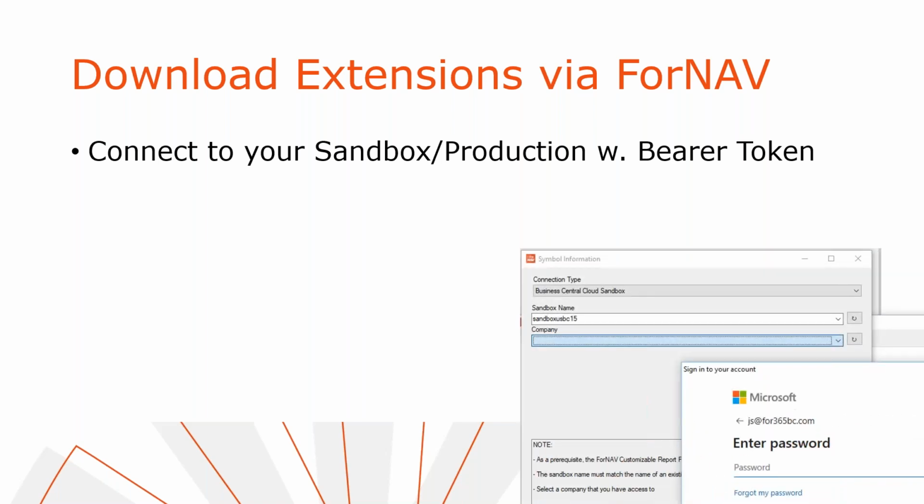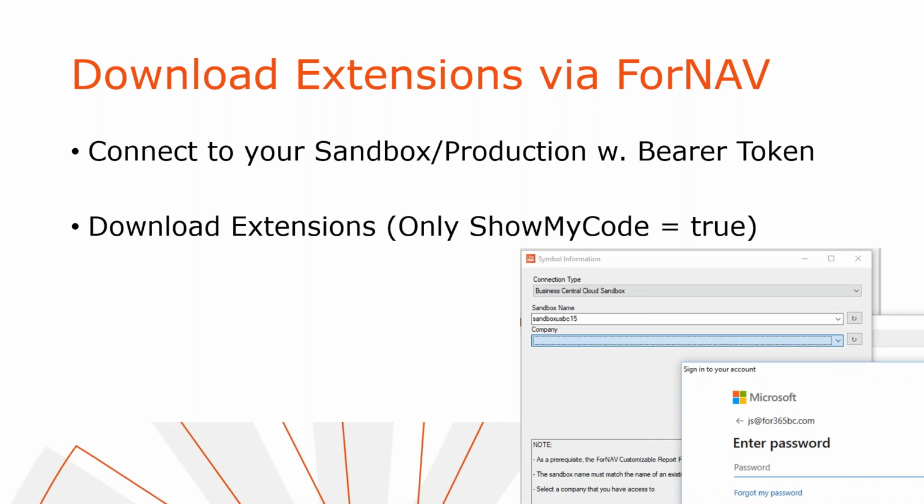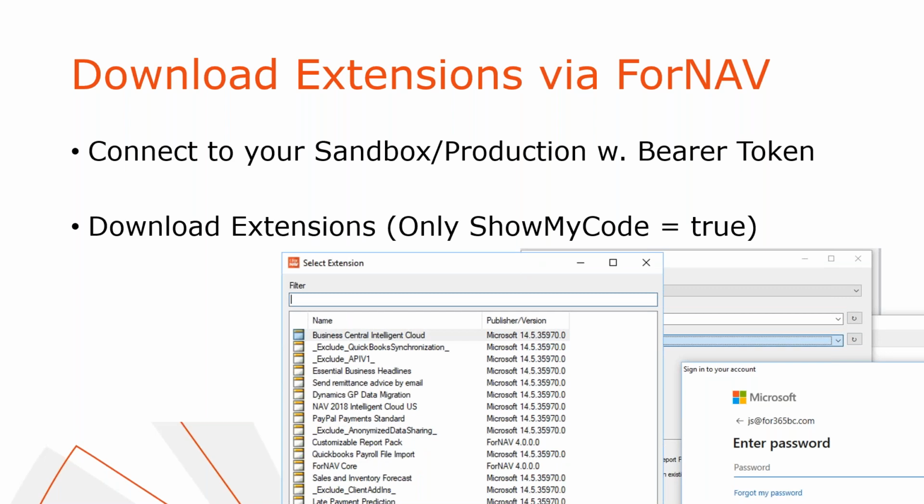And basically you can then say, okay, I want to download any extension. The only requirement is that the partner sets the show my code to true. So any extension in AppSource that has show my code set to true, you can download directly from the ForNAV designer. And of course, we are looking for the customizable report pack, because the customizable report pack is the code that we need to start using to do direct printing.